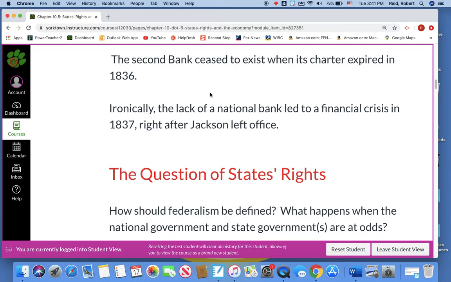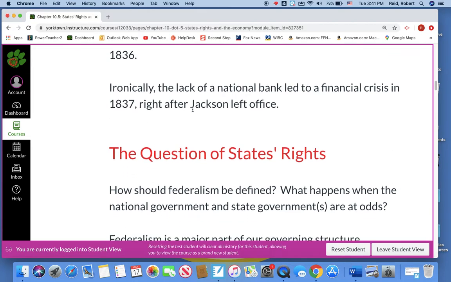Jackson did not like the idea of a national bank. Jackson felt like a national bank would be too good to the wealthy, too good to the rich, the powerful, and kind of screw over the little guy, the farmer, the merchant, the everyday man.